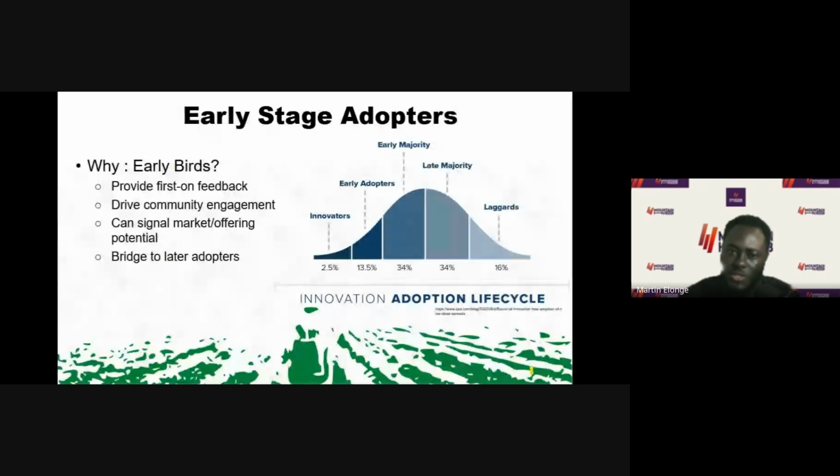Maybe you don't put this text box here, or this icon here, or this feedback form here, move it this way, maybe make the home page look like this, and all of that. So they do early testing, right? And they give you feedback. Okay, this is what I think about it, and this is what I think it could be, and how it could be better. So they give you that. So that's why they are very important.